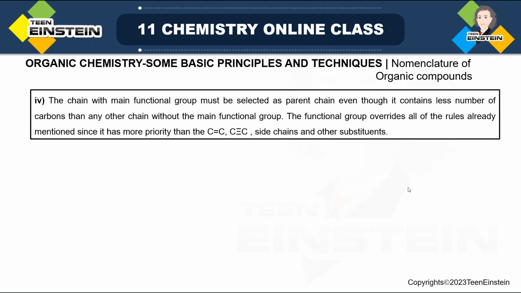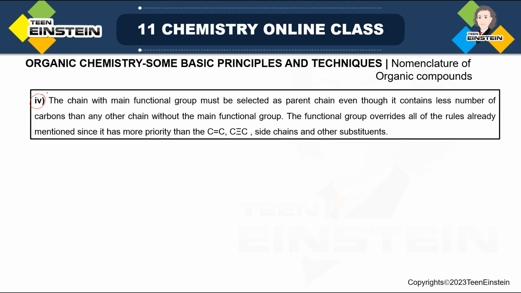Hello everyone. Today we will continue nomenclature of organic compounds. So here, as you can see, number 4. The previous 3 points we have already seen, and they are based on how to choose the longest chain, that is the parent chain. All these rules we are discussing under that heading.